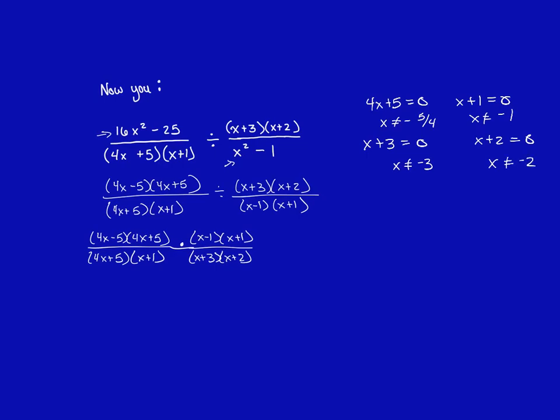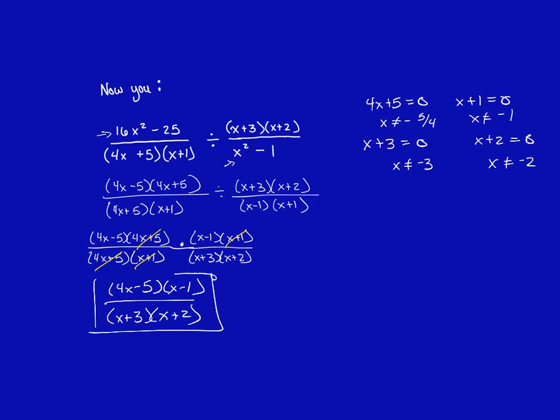And there are our critical values. So now we look to what we can divide out. 4x plus 5 and 4x plus 5, and x plus 1 and x plus 1. So now let's write our final answer. So we got 4x minus 5 and x minus 1 over x plus 3 and x plus 2. And there we go, simplified rational expression with critical values accounted for.